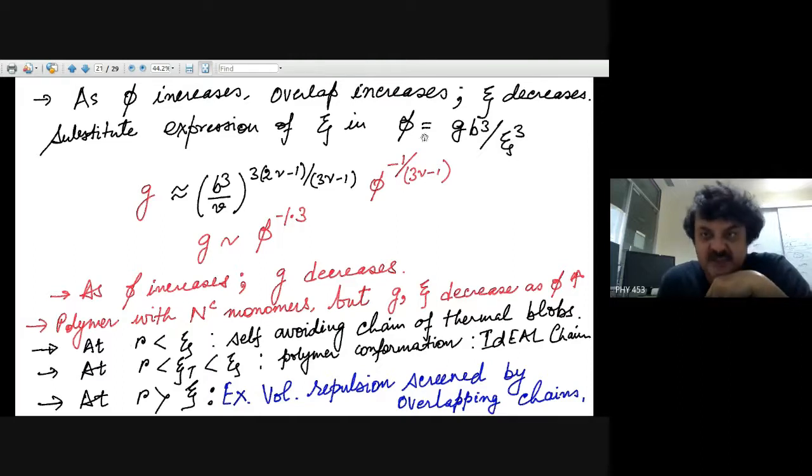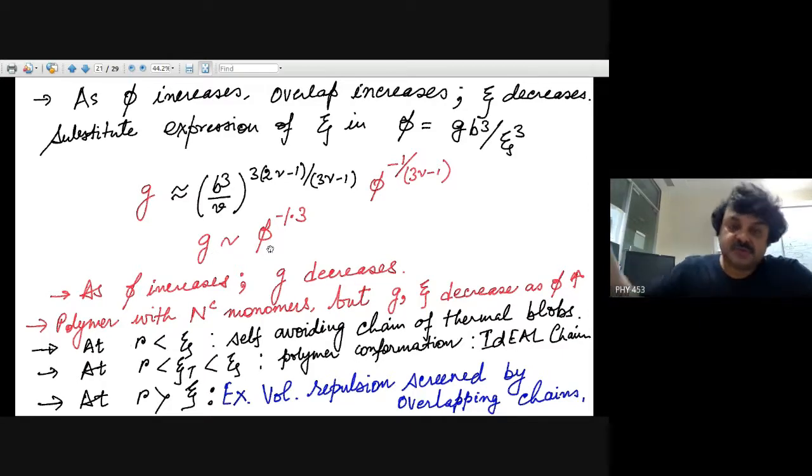So substitute the expression of zeta, do some algebra and reorganize terms, and you get G in terms of phi. Right? So this is another quantity. How many monomers are there within the correlation length scale? That is another thing which we don't know. Whereas phi, the monomer concentration, is something which you can control, which you know, how much monomer you're adding, and you see that G goes as phi to the minus 1.3.